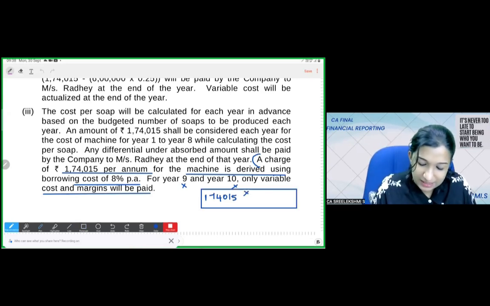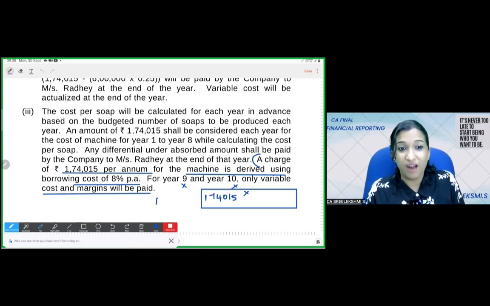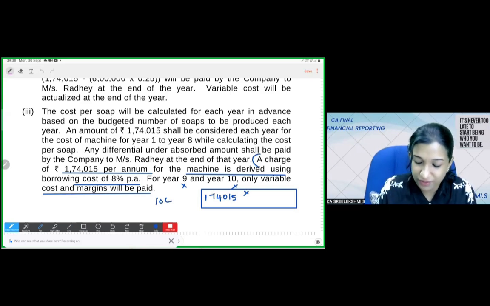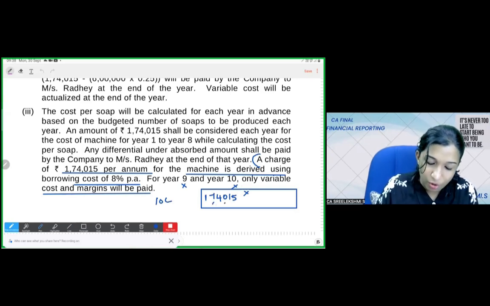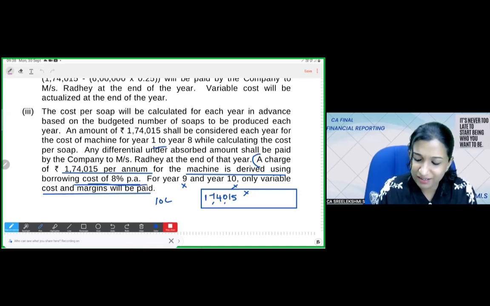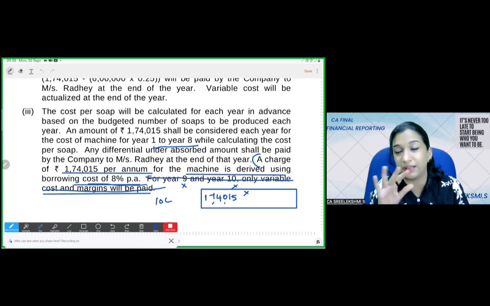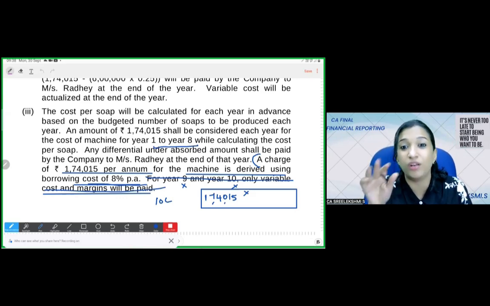See, the cost of my asset is 10 lakhs. 1,74,015 I need for the asset. For 1 year, the cost of asset I need is 1,74,015. That is calculated using a borrowing cost of 8% per annum for 8 years. In years 9 and 10, just variable cost will be collected. The asset will be fully recovered through the value we calculated only for these 8 years.